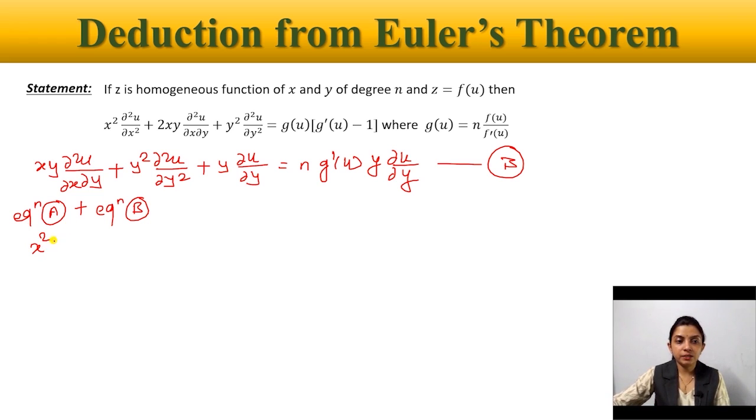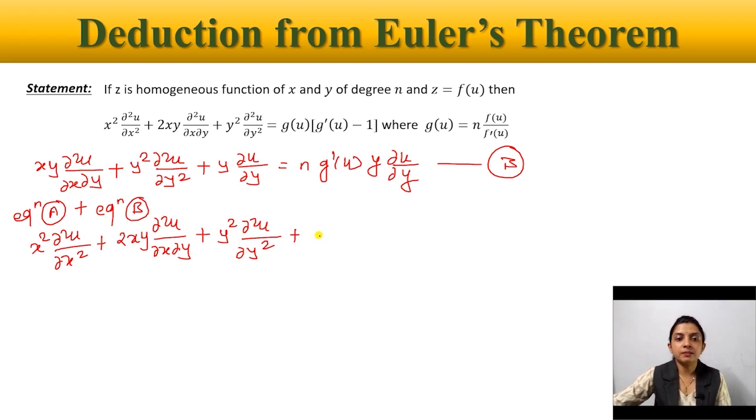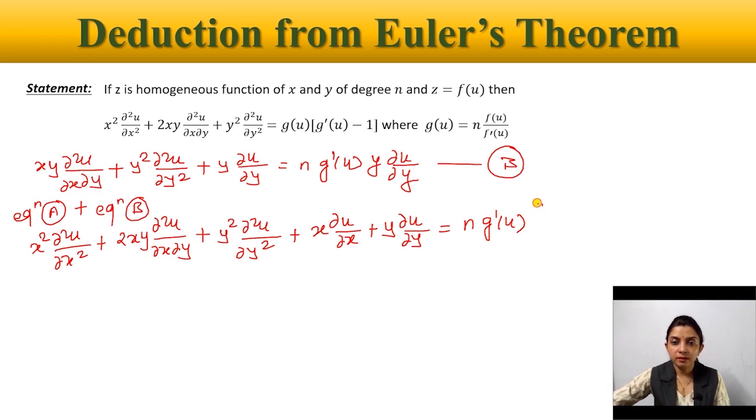That will be x² ∂²u/∂x² plus 2xy ∂²u/∂x∂y plus y² ∂²u/∂y² plus x ∂u/∂x plus y ∂u/∂y is equal to n into g'(u) is common, and what remains is x ∂u/∂x plus y ∂u/∂y.